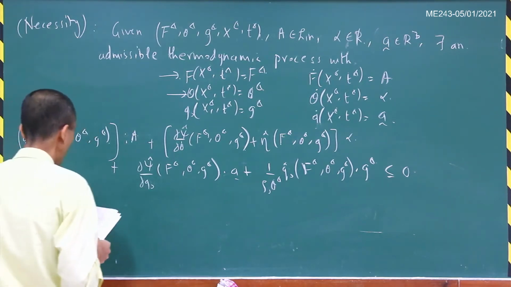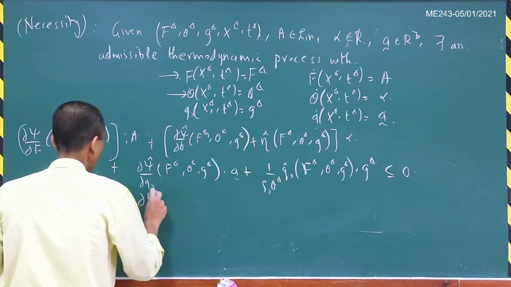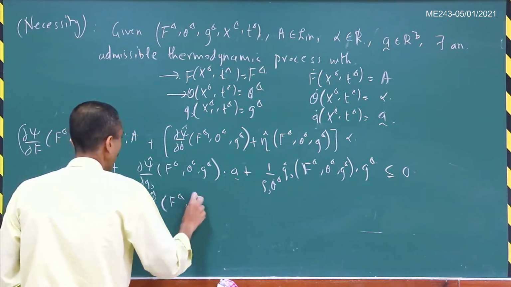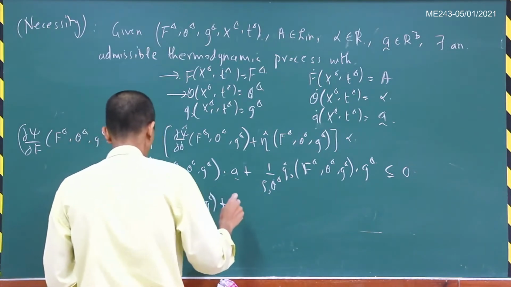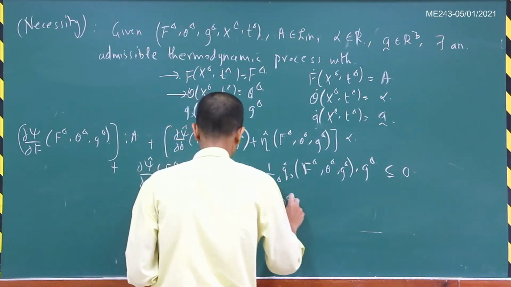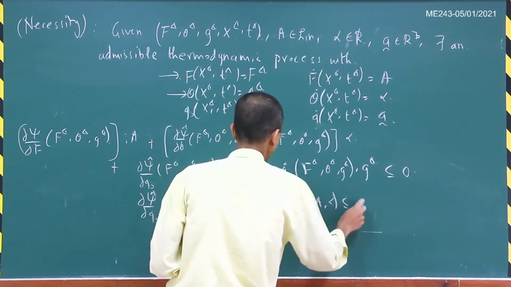So we can write this particular statement as del xi hat by del G naught of F diamond, theta diamond, G diamond dot a plus f1 of F diamond, theta diamond, G diamond, a and alpha is less than or equal to 0.